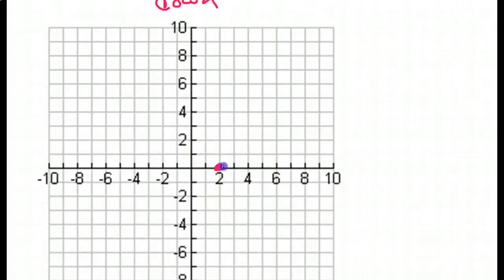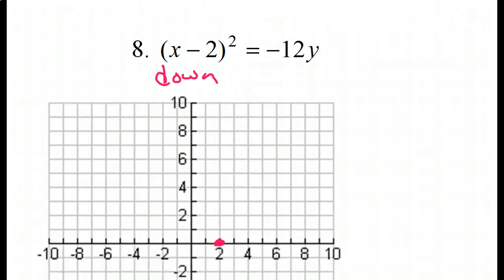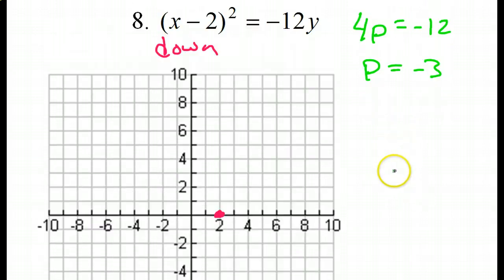Now we need that p-value. We know that 4p is equal to this negative 12. If I divide by 4, that means p is equal to negative 3. That tells me where to put the focus. Now, remember we said it will be down. So we will start at the vertex and go down 3. So the focus will be here.